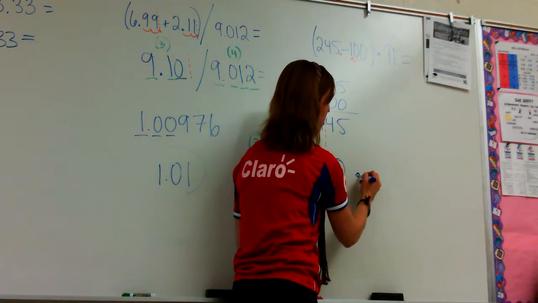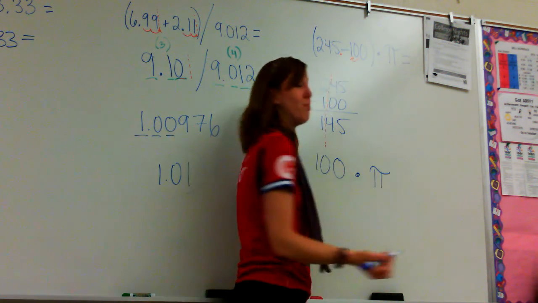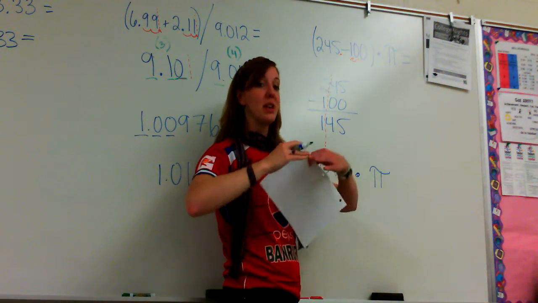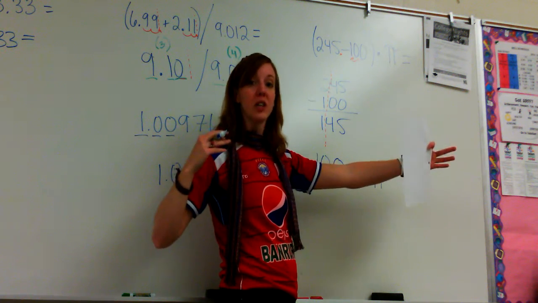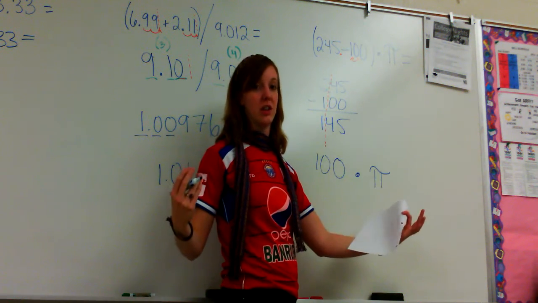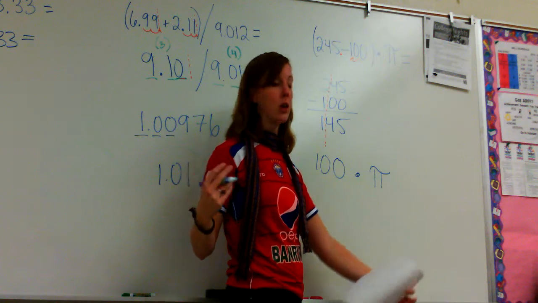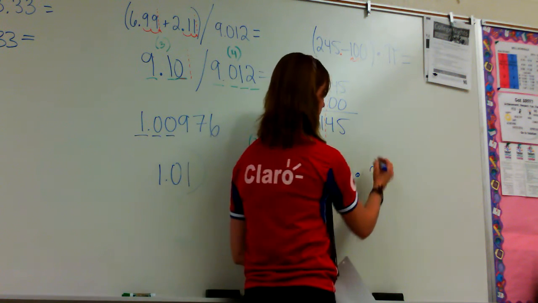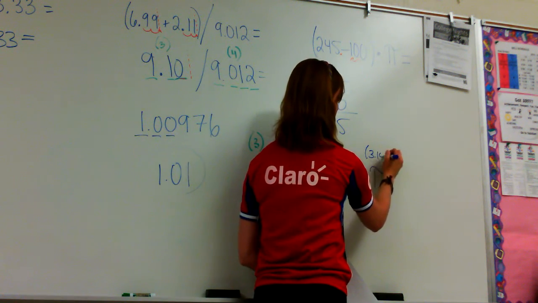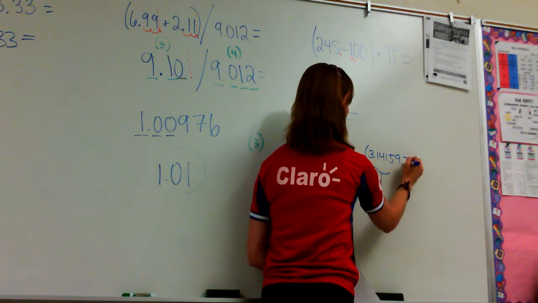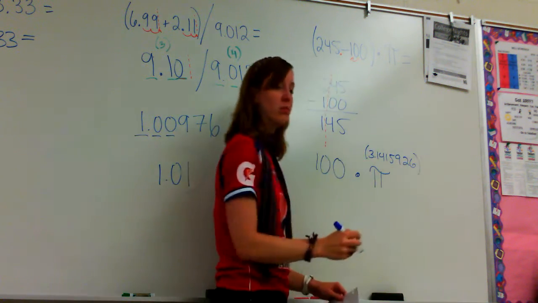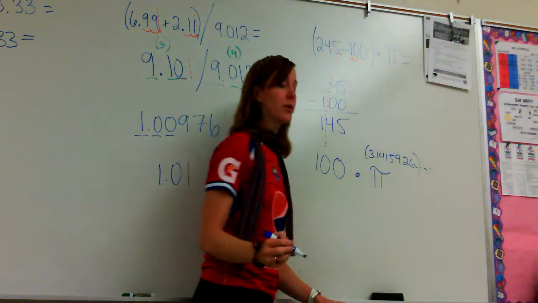I'm ready for the second part. Now pi, you might remember, is a number with significance out to infinity. It keeps going and going and going. It actually equals like 3.14156. There's more beyond that, right? It keeps going.